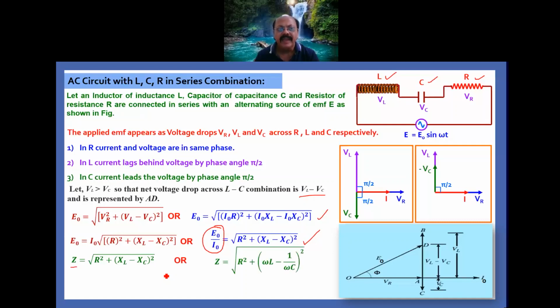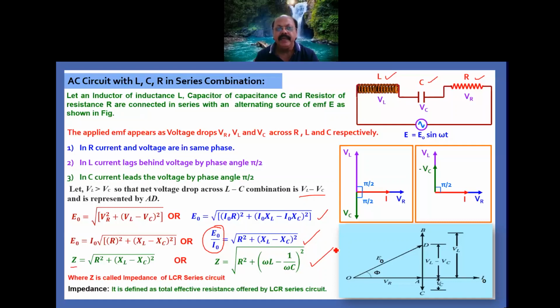Now XL and XC we write in terms of omega, the angular frequency. So Z equals under root R square plus omega L minus 1 upon omega C whole square, where Z is called the impedance of the LCR series circuit. Impedance is defined as the total effective resistance offered by the LCR series circuit.